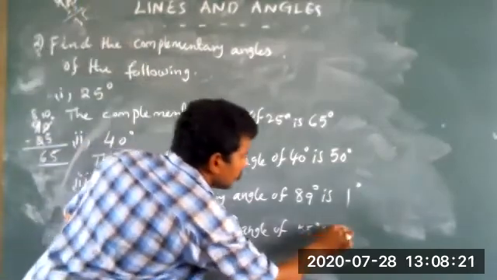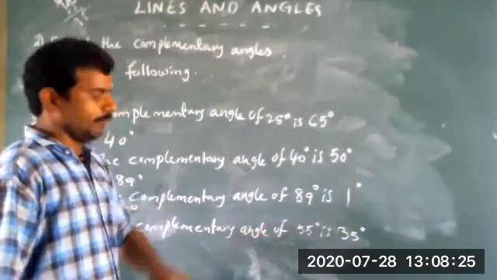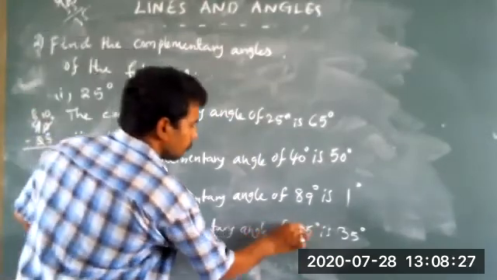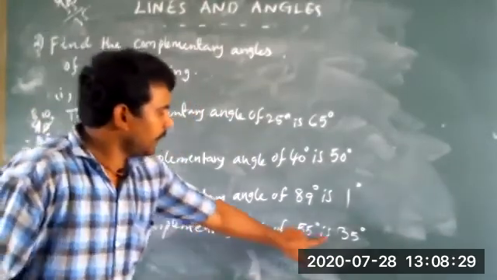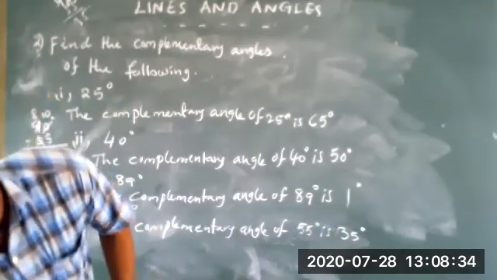Total how much? The complementary angle of 55 degrees is equal to how much? 35. This is the answer.